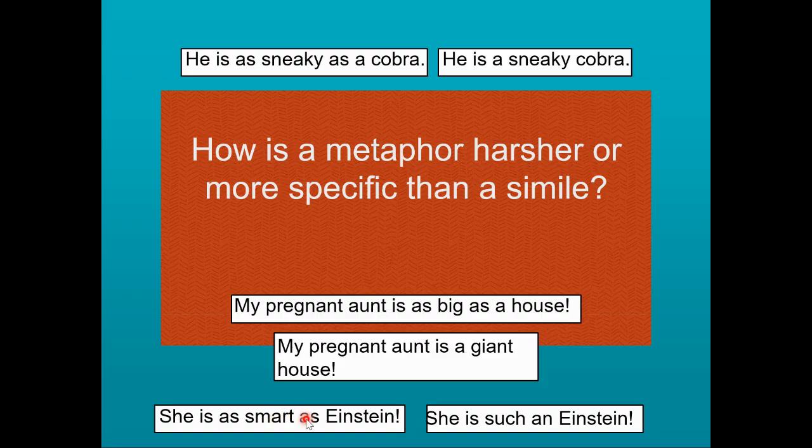But if I really wanted to get on her good side and be even more complimentary, I would just say, she is such an Einstein. And now it's a more direct, more extreme comparison between she and Einstein and their intelligence. And it just sounds a little bit nicer. So it's another example of a metaphor being a little bit more extreme. Okay.